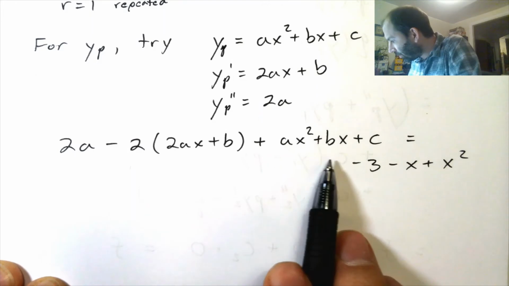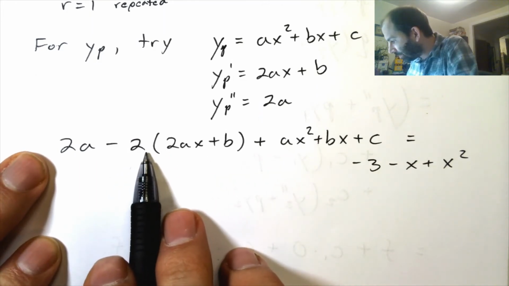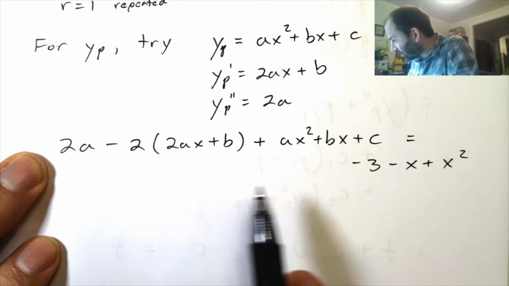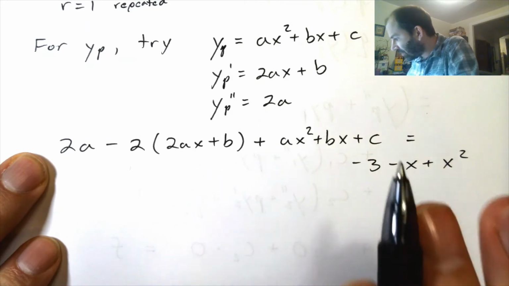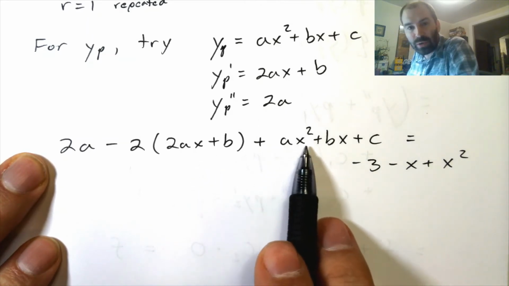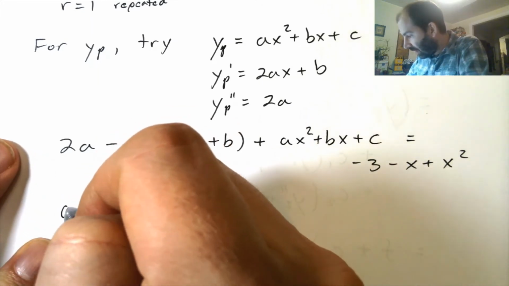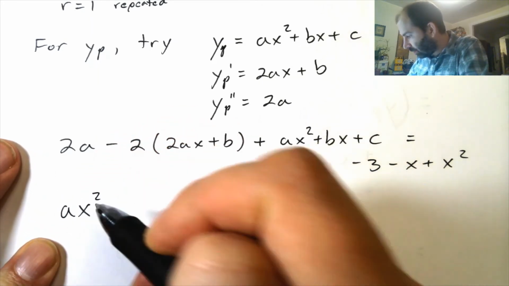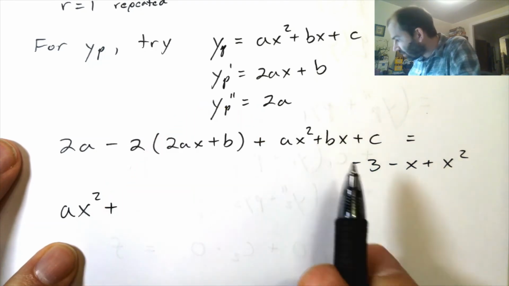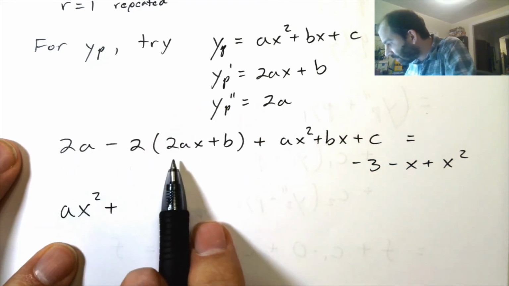Well, let's go through and simplify things. Let's look at the second order terms. There's only one second order term over here, it's the ax squared. Now let's look at the first order terms, the terms with the x next to them.